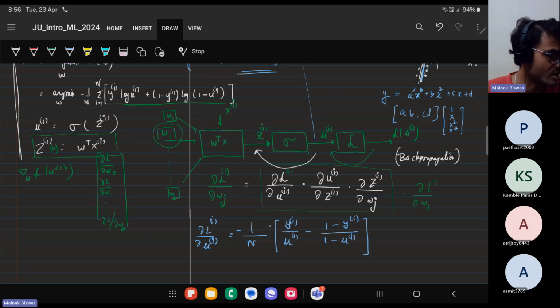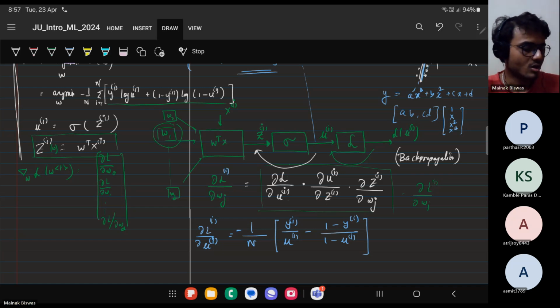Okay, this is for the ith data point. I'll just remove i and put the summation. For the time being, let's keep i. It will be useful later on.